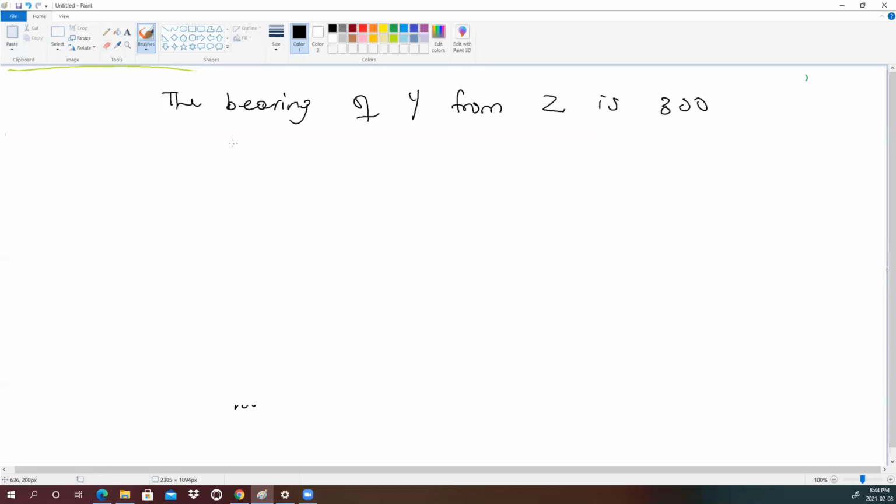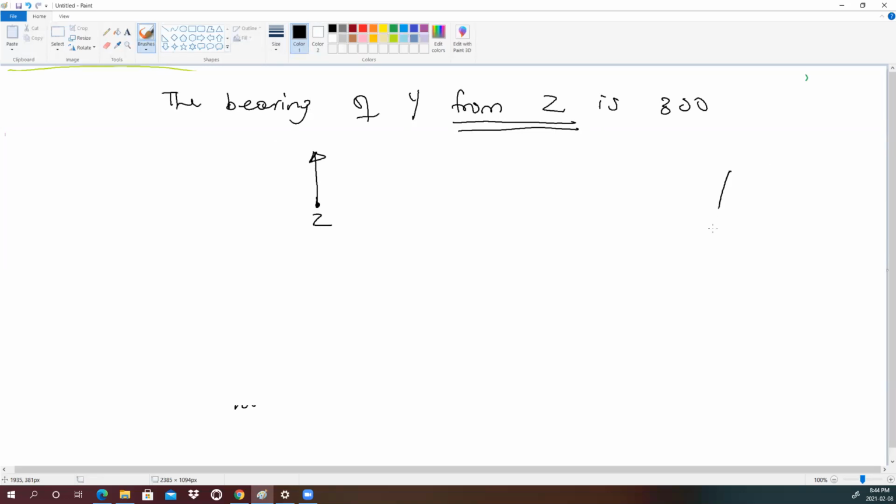So before I do that question, let's just go ahead and draw this bearing. So the bearing, we will start with our north line. The bearing of Y from Z, so it says from Z. So Z is our point of reference, right? From Z is 300.